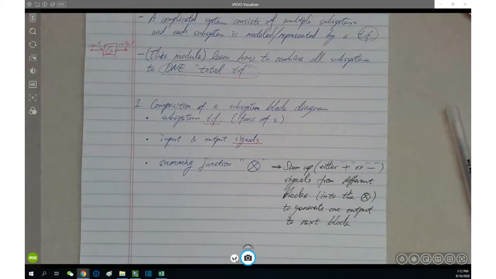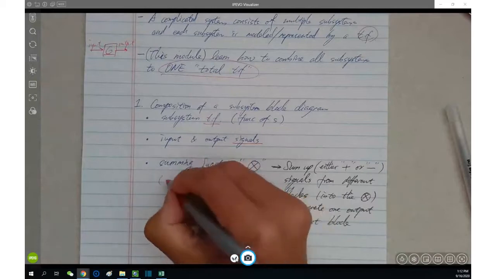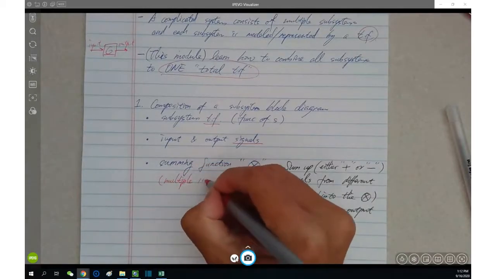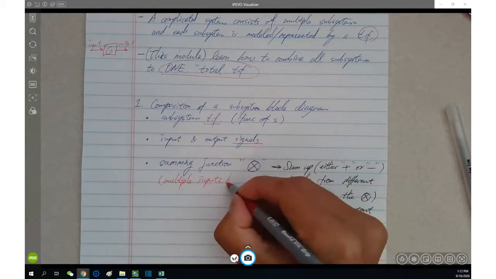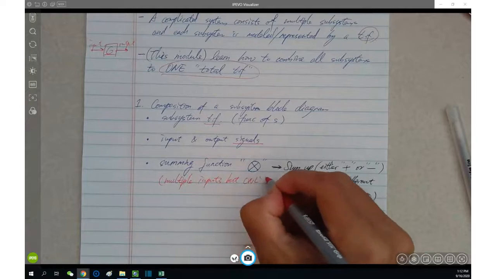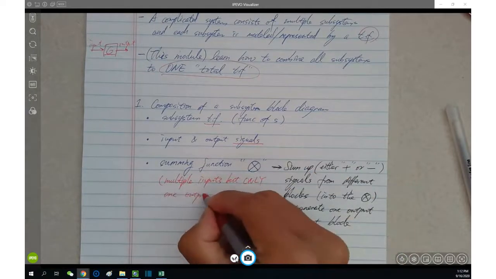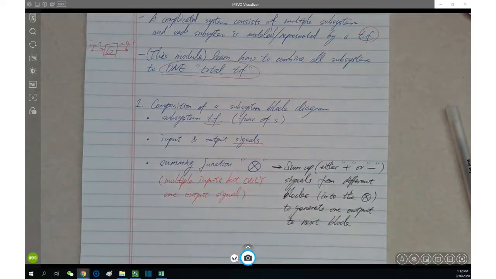So imagine, a summing junction might have multiple input signals. However, only one output signal. It's a very important characteristic of the summing junction.